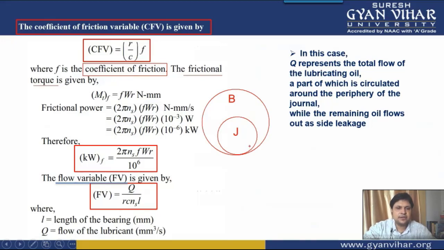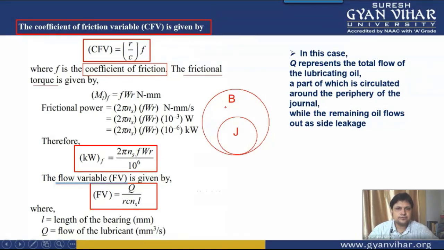Only after the journal has gained a sufficient amount of velocity will lubrication take place. In that case also, viscosity plays a very important role in the friction between the two surfaces.